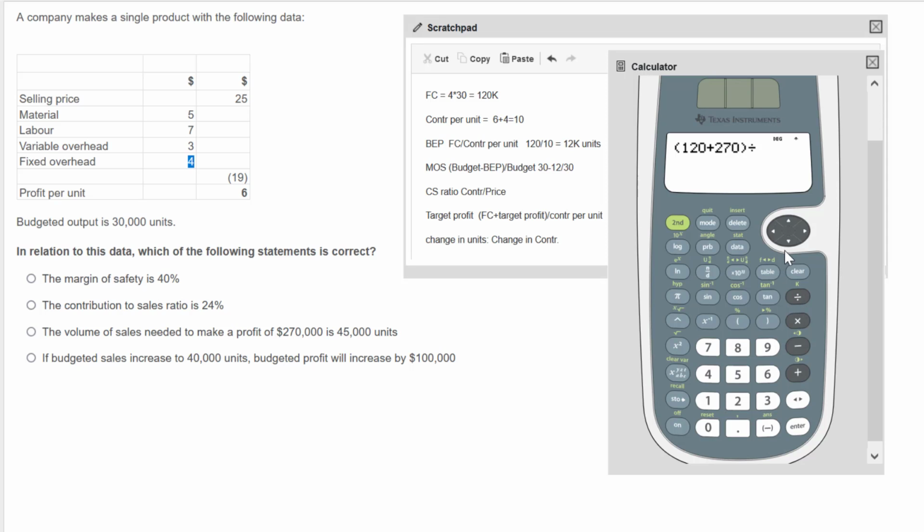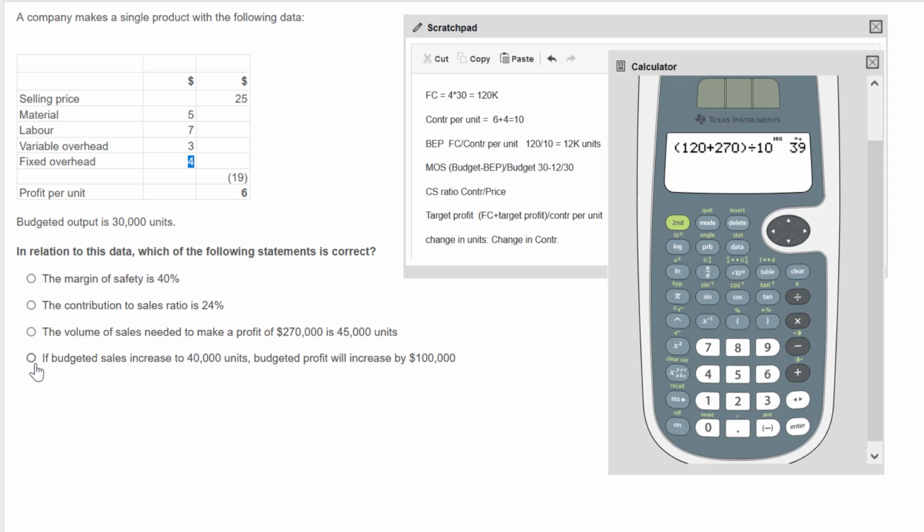And every time we sell a unit, we've got to cover the variable costs. So the variable costs are gone, and what's left is contribution per unit. So we divide by contribution per unit, 10, and we get 39,000. So team, the third one is wrong.